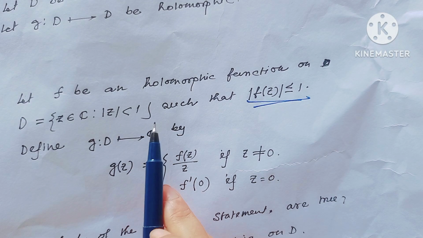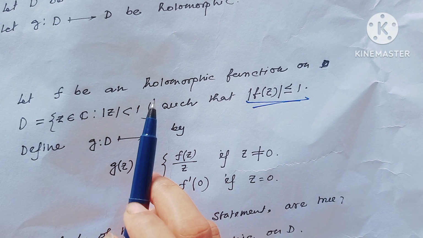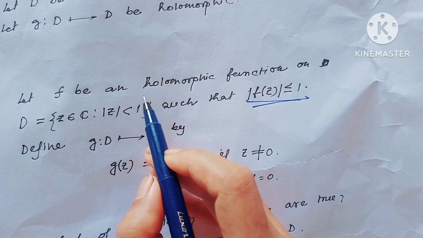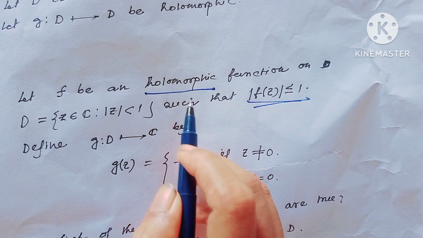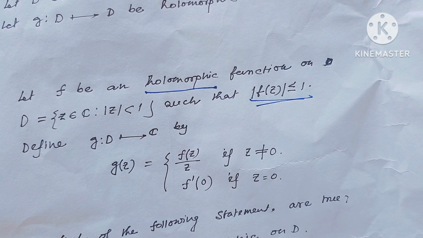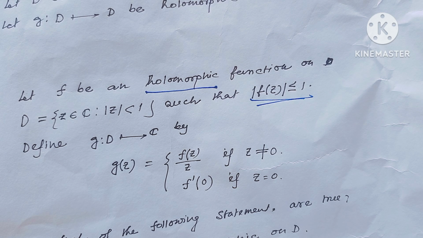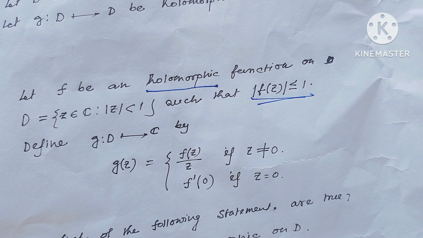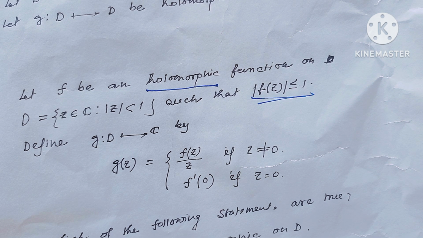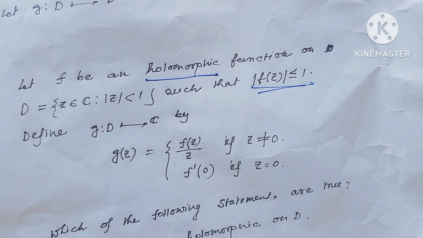But notice one very interesting thing. Here f is given as a holomorphic function, but not as a non-constant holomorphic function. By the maximum modulus principle, we all know that when f is a non-constant holomorphic function, the maximum value exists on the boundary. But here f is just a holomorphic function.